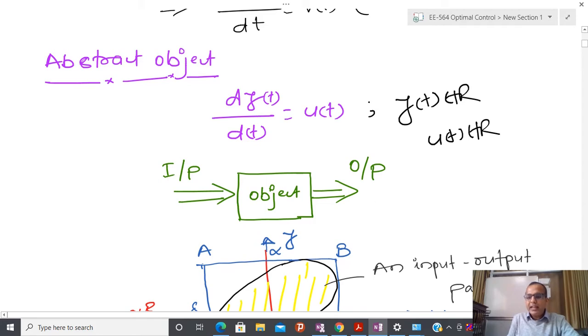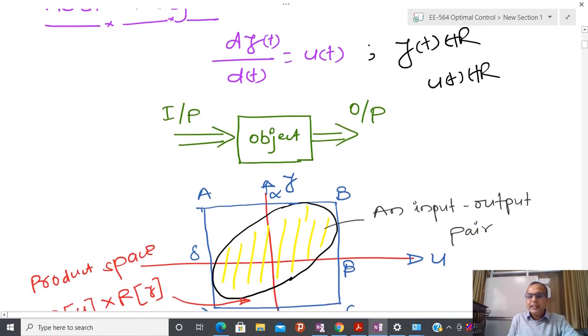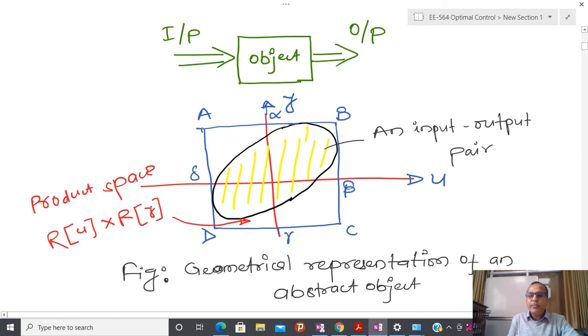And after that, you can see here that I have drawn a geometrical picture. What we are saying is that if I have a certain kind of object which has a special property, what kind of special property?